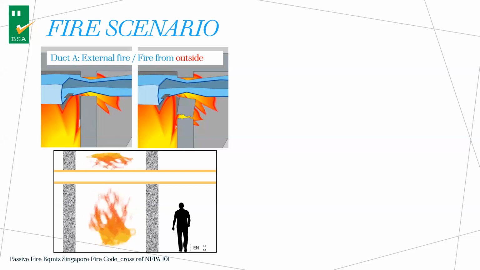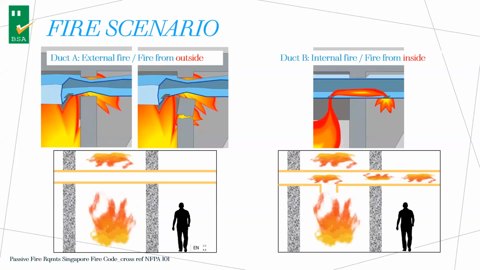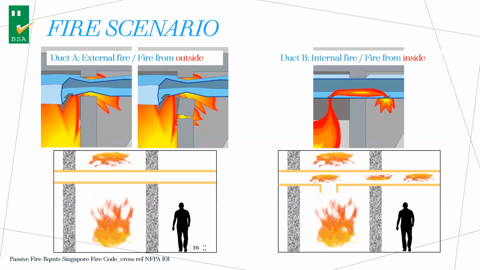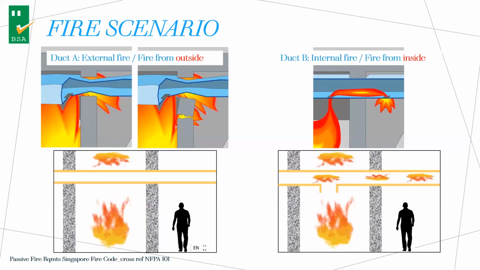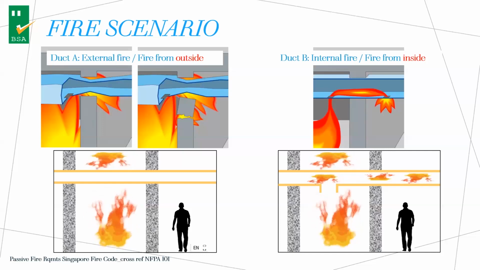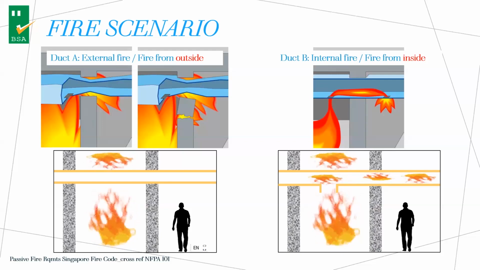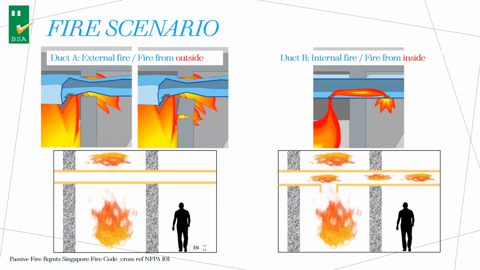But for ducts, it's very complicated, because sometimes you have a duct with an outlet within a compartment, and it can suck fire into the duct while it's being attacked by fire on the outside. So this is a duct that has been attacked by fire inside and outside. So how do you ensure that the fire doesn't break through to the other side, where the man is walking, where it is supposed to be safe?